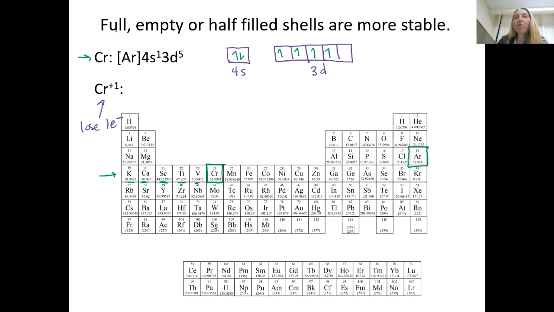Okay, but remember, full, empty, or half-filled shells are more stable. So what we're going to do with chromium is take this electron right here and move it up to that orbital.